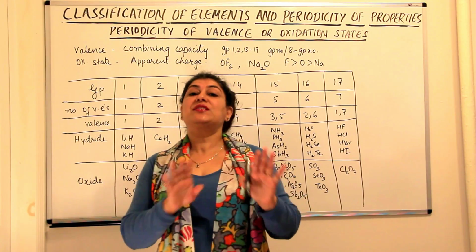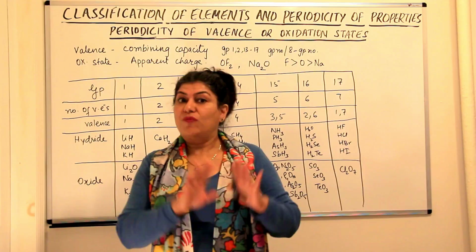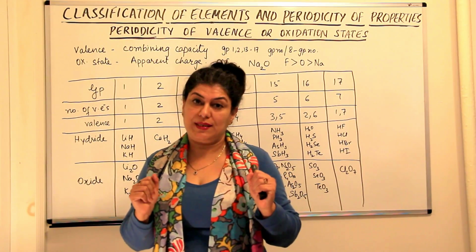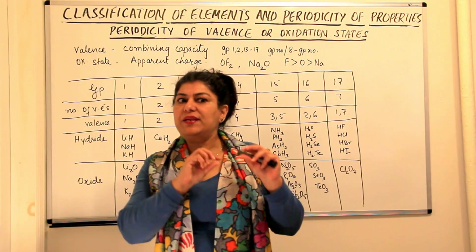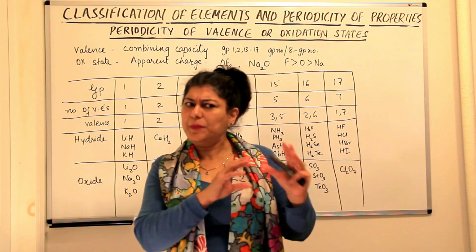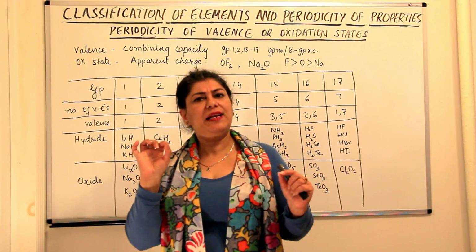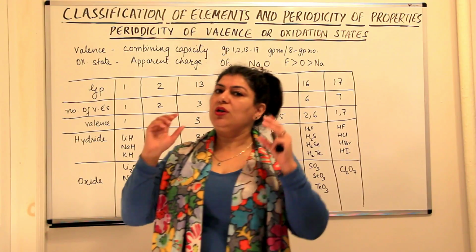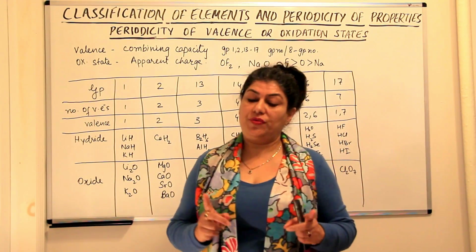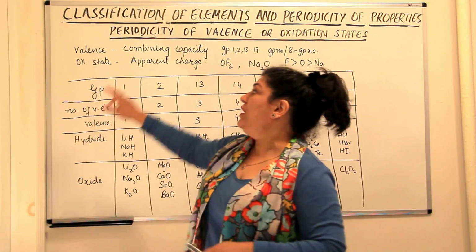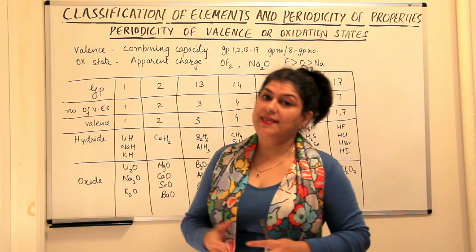So even if it is a covalent bond, one of the atoms has a tendency to pull the shared pair of electrons towards itself, thereby rendering it a little bit of ionic character, a little bit of charge. It may be very little, but still there is a charge. So to bring this charge into consideration, or to keep the electronegativities in mind, we use the term oxidation states.